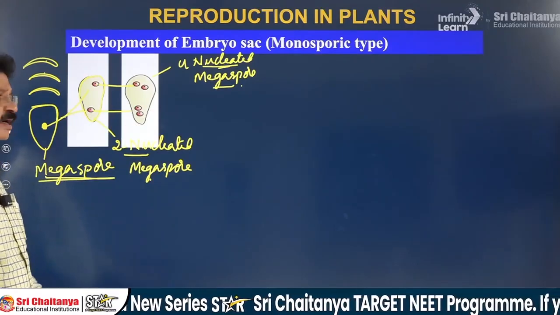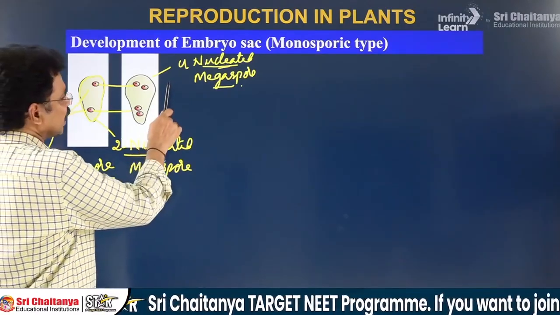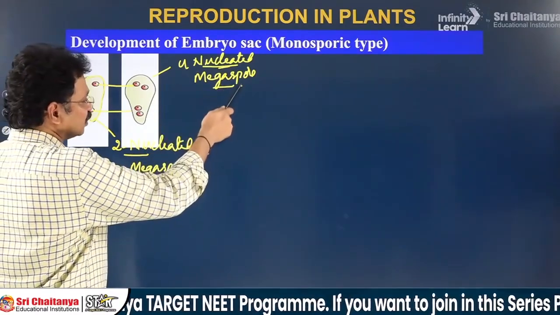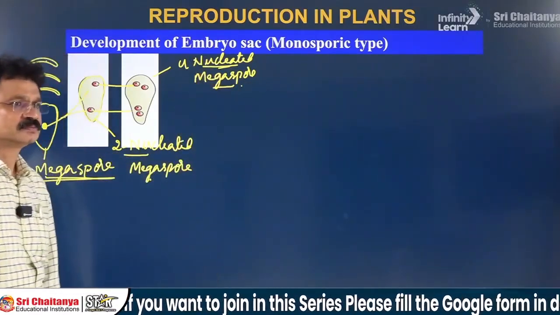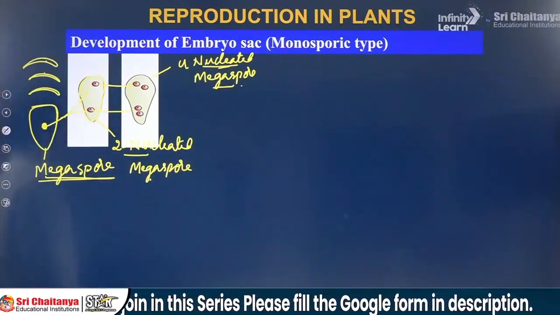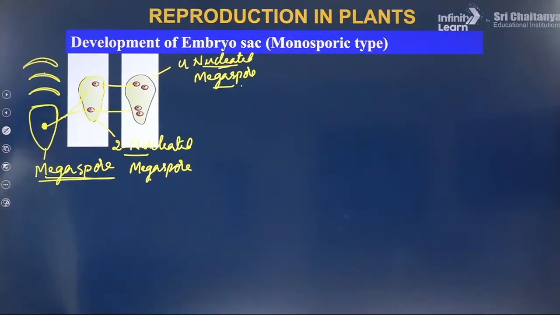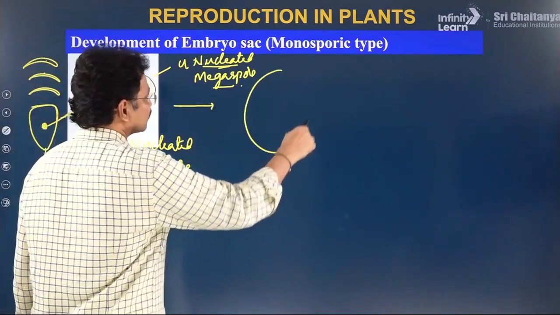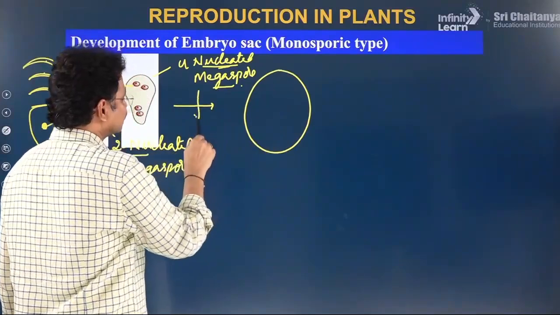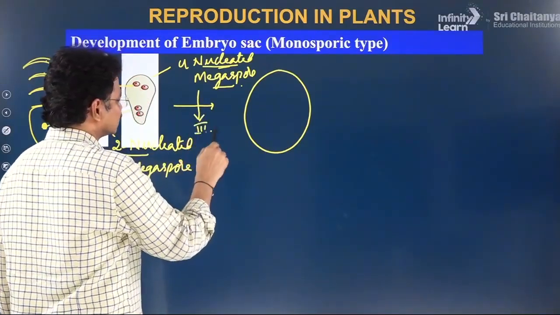Then you can guess: after the third mitotic generation, how many nuclei are possible to be present in this megaspore? Guess, predict.